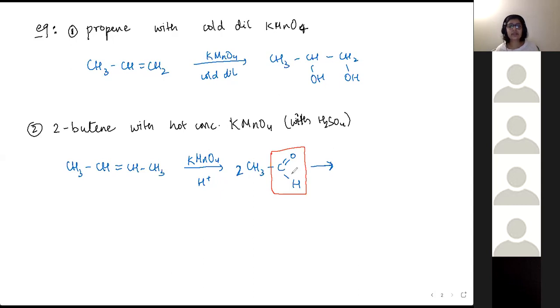Now I'm confused. Yeah, the hydrogen part will get it. Carboxyl. So ethanoic acid. C double bond O, but for carboxylic acid, C double bond O OH, right? What is a carboxylic acid? C double bond O OH. Oh yeah. Okay, got it. Sorry. So you get 2 moles of ethanoic acid, C double bond O OH.